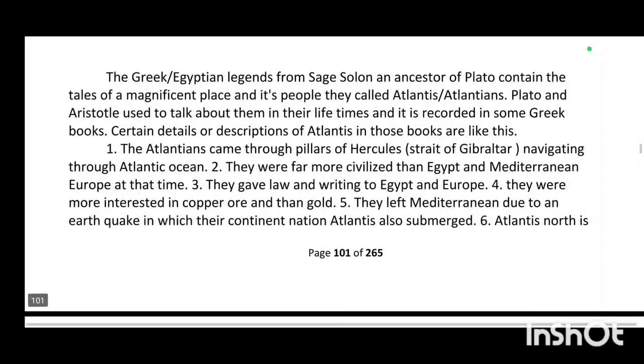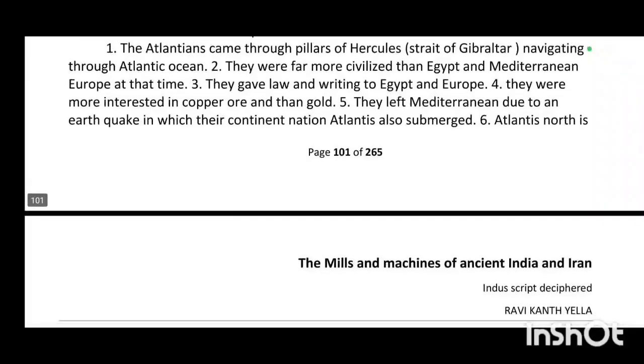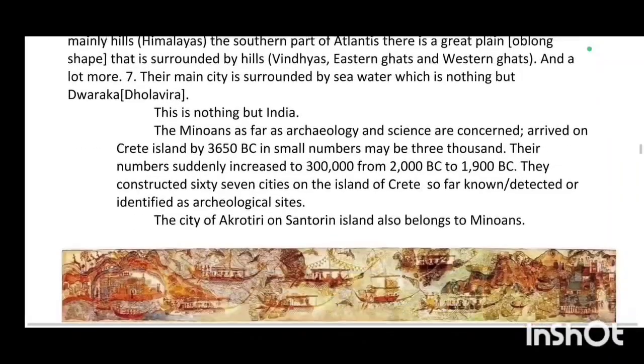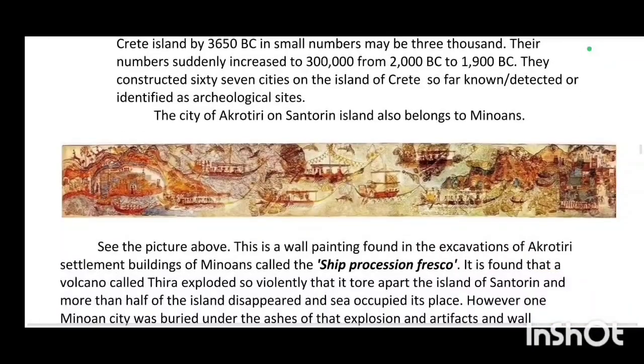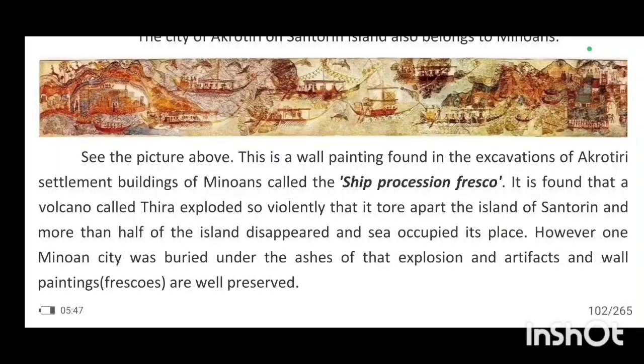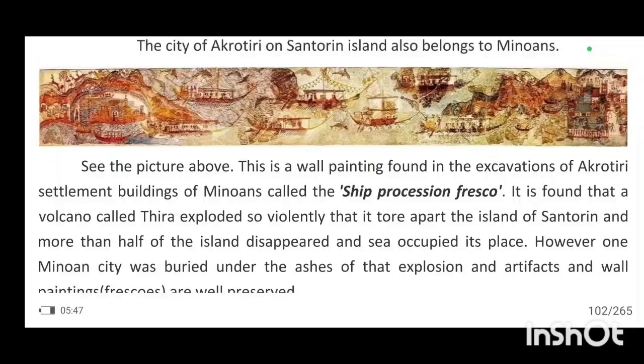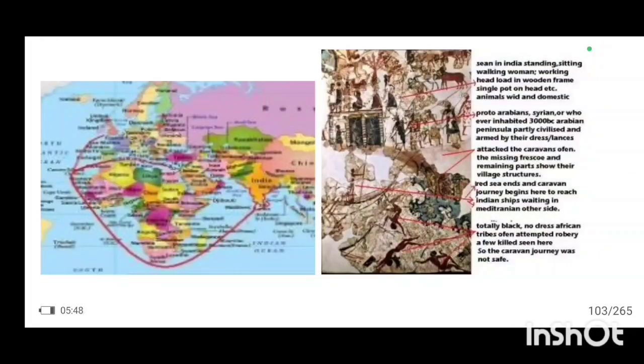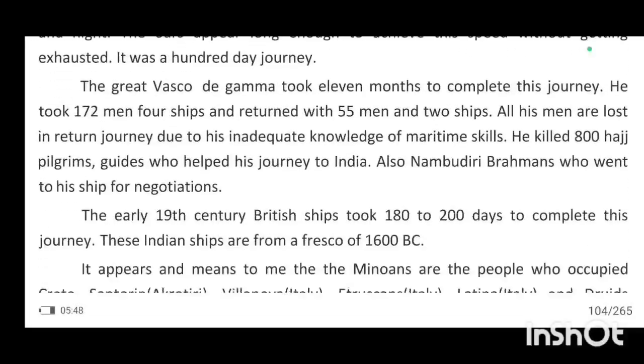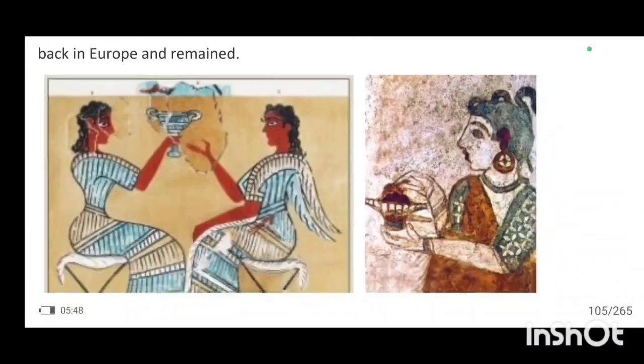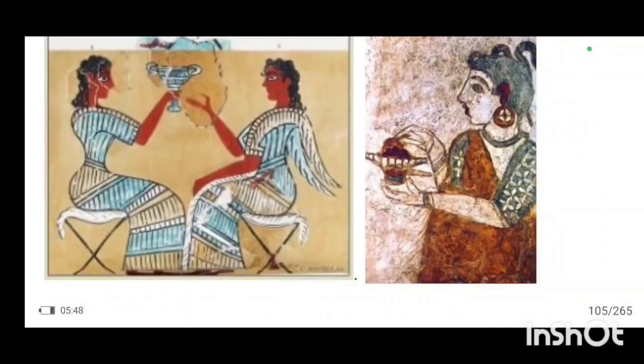Where did the Indus Valley merchants go all of a sudden by 1900 BC? On the island of Crete, civilized people started arriving by 3650 BC. Their numbers were 1500 or so. By 1900 BC, they increased to 300,000.